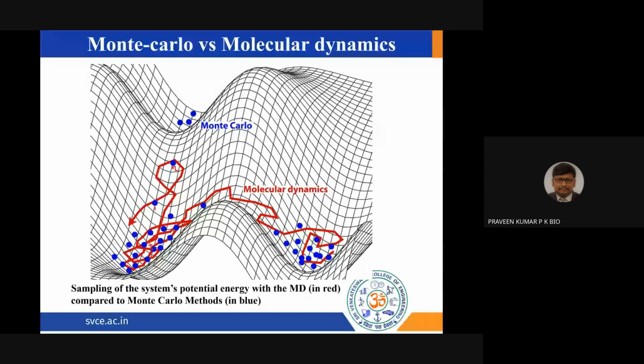So if these amino acids of a protein are present in a random fashion, you can find where protein folding has happened. Okay, and this is what is shown. This can be determined through Monte Carlo simulation methods.